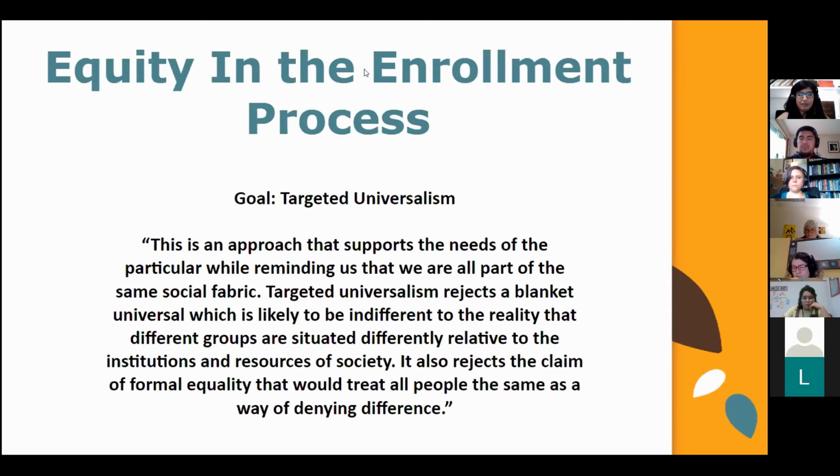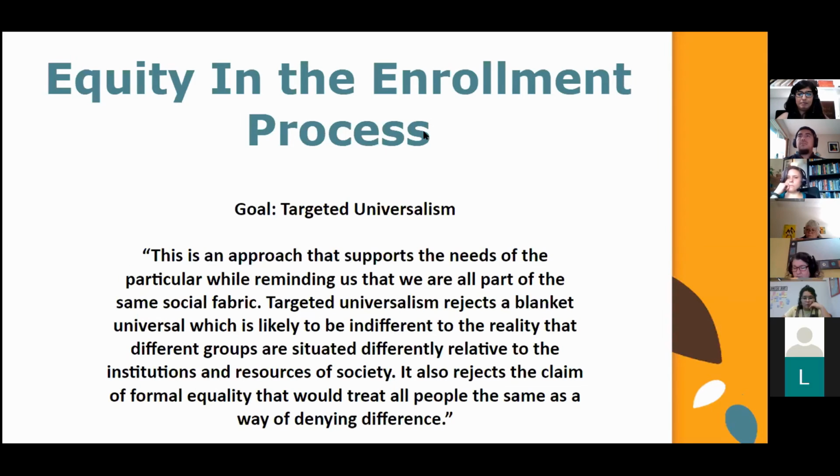While that can be really great and good, a lot of the time it doesn't fully meet the needs of people who may need additional support or help. Sometimes the folks who need more assistance don't get their needs met from not having targeted universalism.